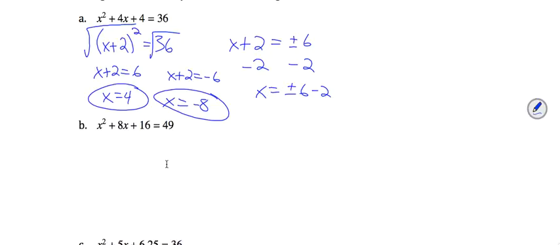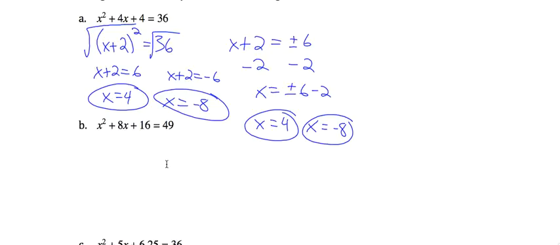They'll do positive 6 minus 2, which is 4, and negative 6 minus 2, which is negative 8. That's just a slightly different way of writing it, and it's one that'll work really well. So do me a favor, try the next two of these. I realize that problem C is a little tricky, but I'm betting you guys will figure it out.